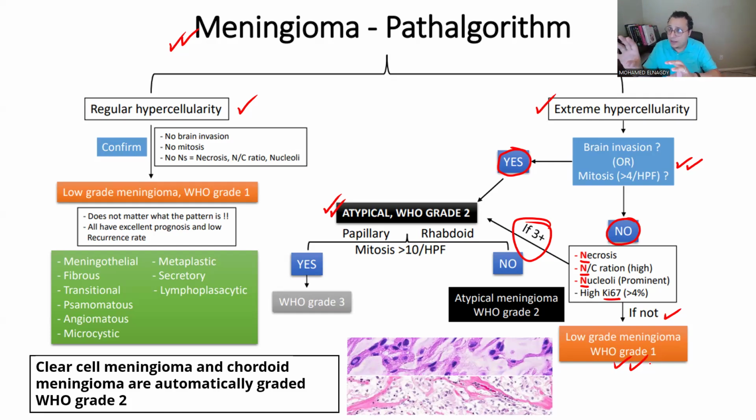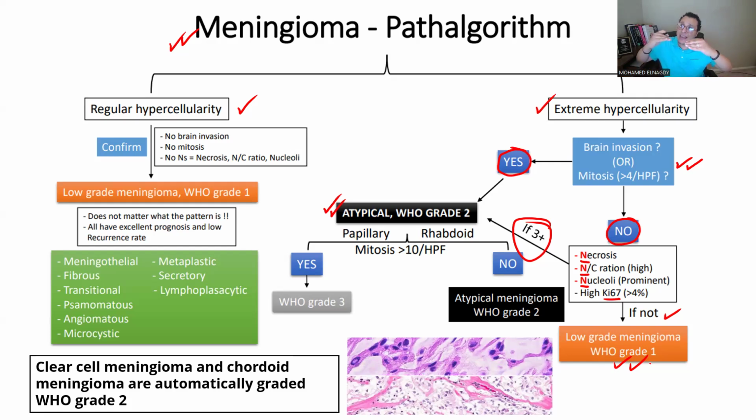How do you make a diagnosis of atypical meningioma? You need either brain invasion, or more than 4 mitoses per high power field, or 3 out of the 4 ends: necrosis, NC ratio, nucleoli, and Ki67 of more than 4%. If 3 out of 4 are positive, this upgrades it to WHO grade 2.